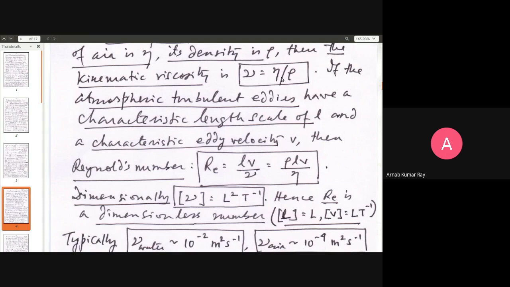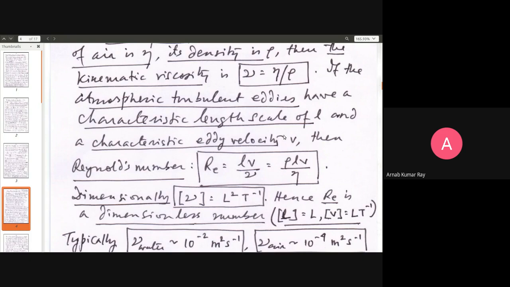If you recall our previous discussion when we talked about viscoelasticity, I told you force per area is stress, and that is proportional to dV/dz, which is the velocity gradient, and the proportionality constant is eta. So force per area is equal to eta into dV/dz. dV/dz will have the dimension of length per time per length.